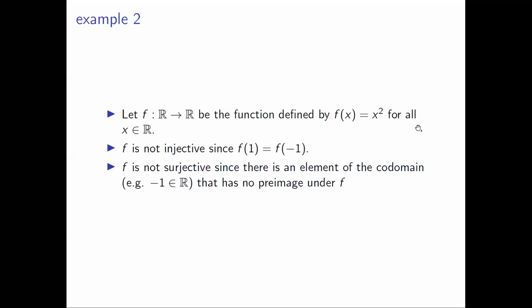And if we allow complex numbers, then negative real numbers would have square roots. But notice this function is going from the reals to the reals, so we're not allowing complex here. So this function is neither injective nor surjective, so it's definitely not bijective.